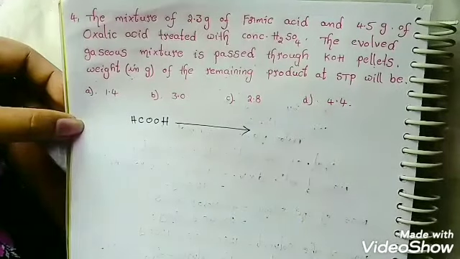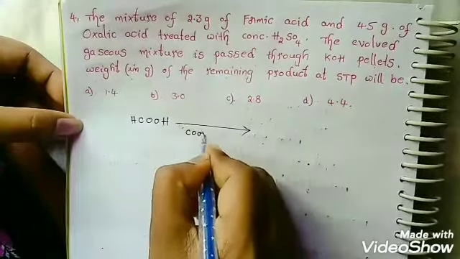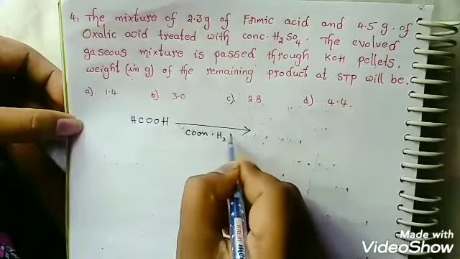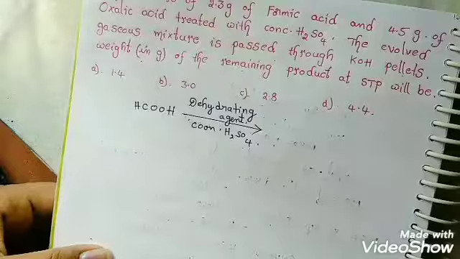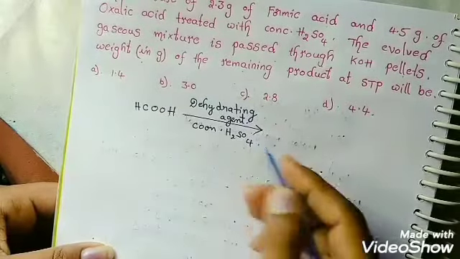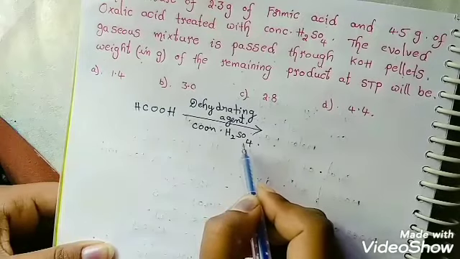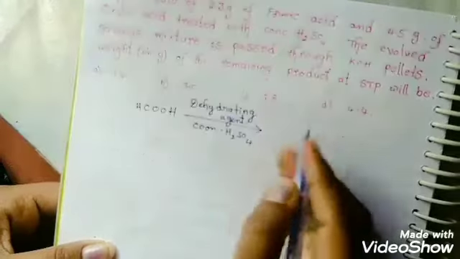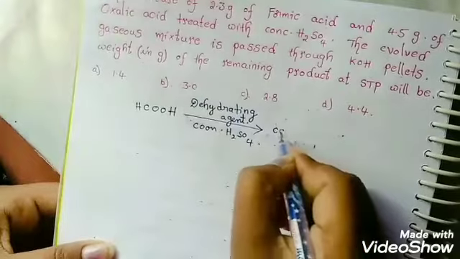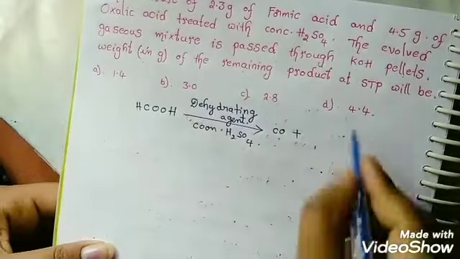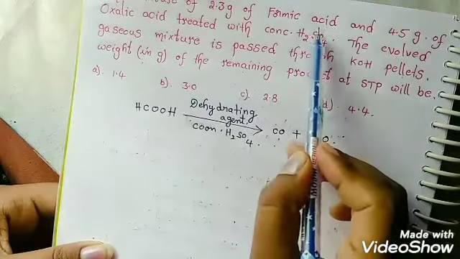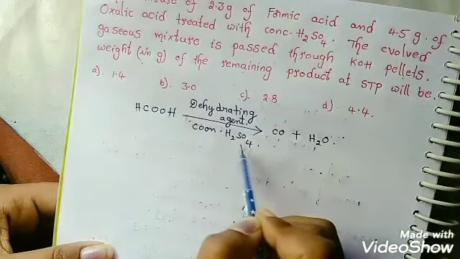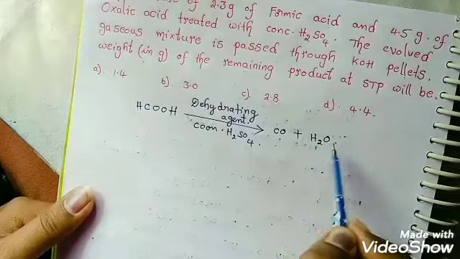Then if you treat this formic acid with concentrated H2SO4, here you have to know one thing: the concentrated sulfuric acid is used as a dehydrating agent. Then the final products are carbon monoxide and the water molecule. This is the first equation, students. If the formic acid reacts with concentrated H2SO4, then CO and H2O will be formed.